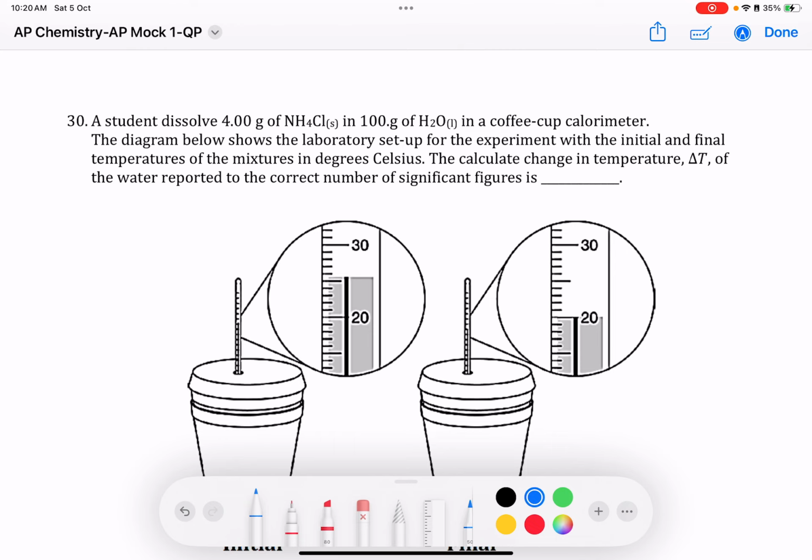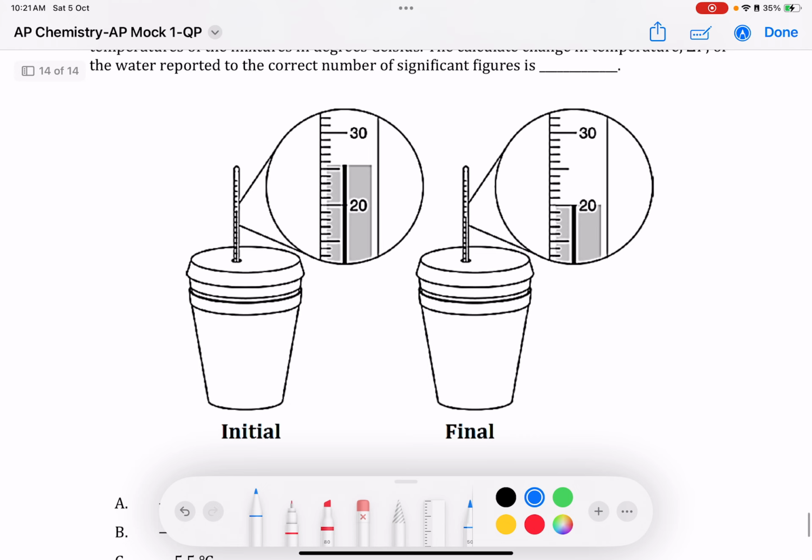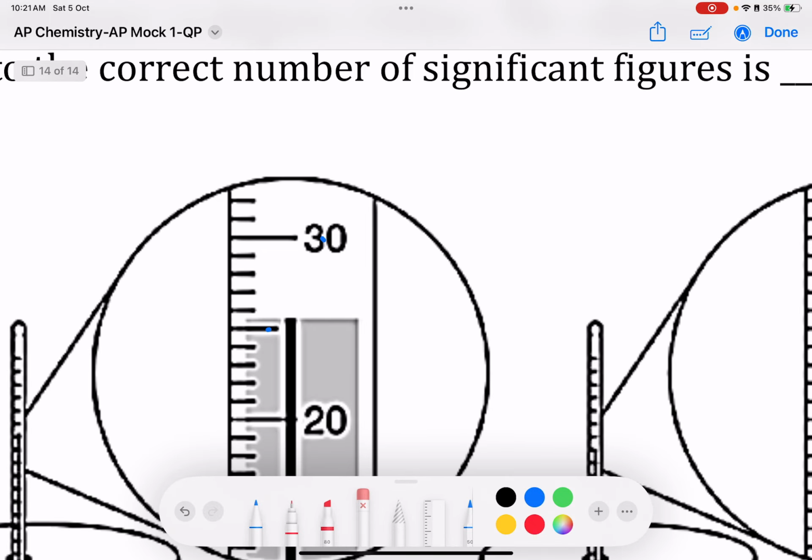The final question on our video recording: a student dissolved 4 grams of ammonium chloride in 1 gram of water in a coffee cup calorimeter. The diagram below shows the laboratory setup for the experiment with the initial and final temperatures of the mixture in degrees Celsius. So this is the initial. It's 20.05. Oh wait, let me clarify it.